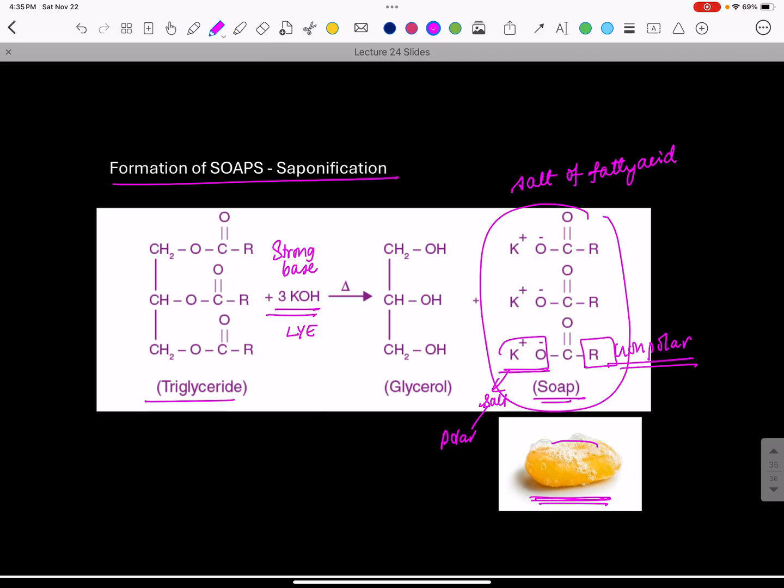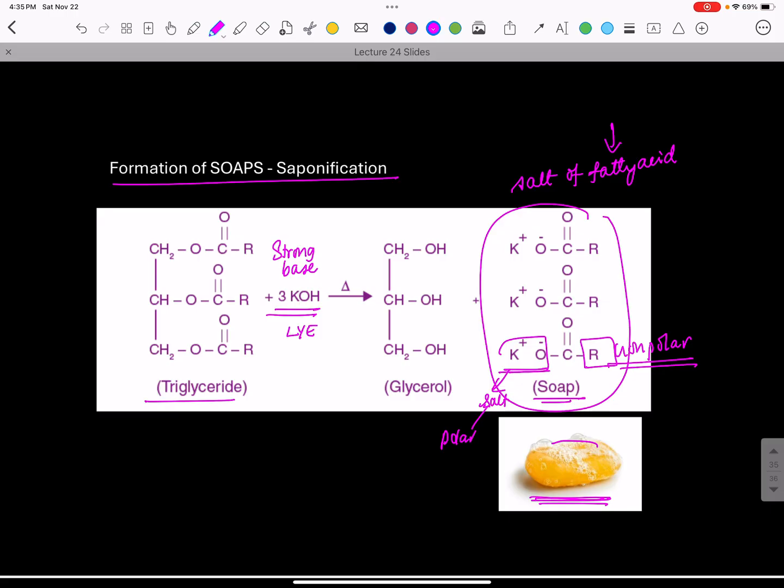They end up picking up both types of dirt and clean the material. So that is why soaps are very, very useful, because they are amphipathic, meaning they have both polar and non-polar parts, and thereby dissolve both types of dirt and clean the materials.